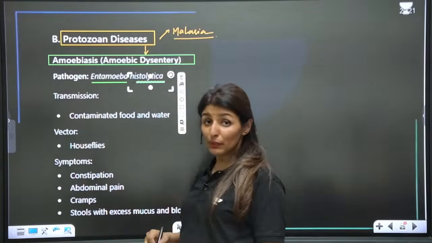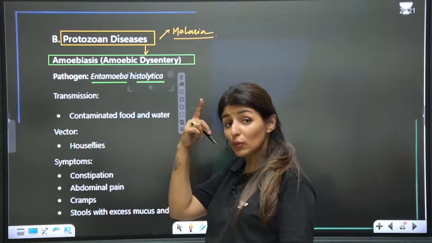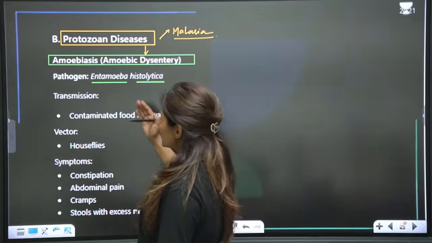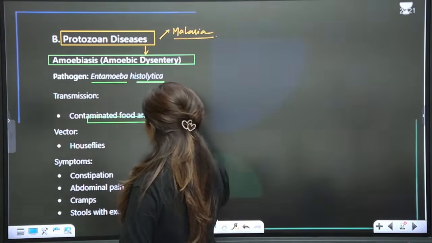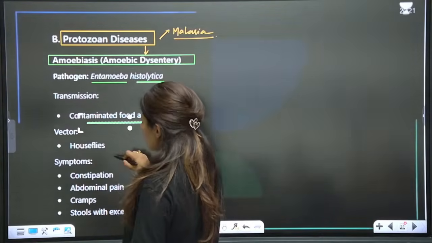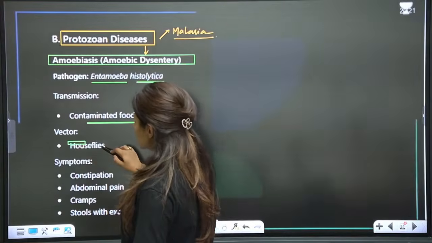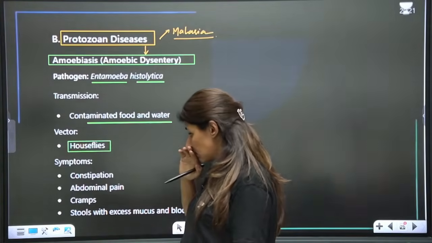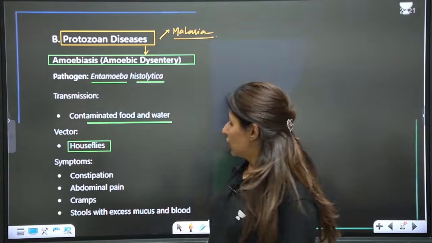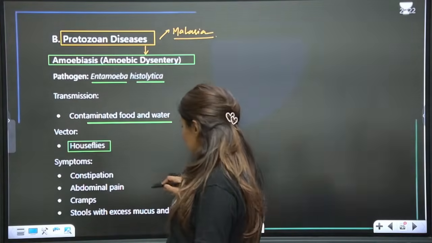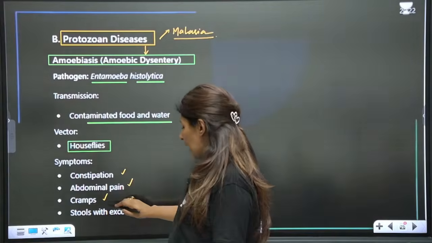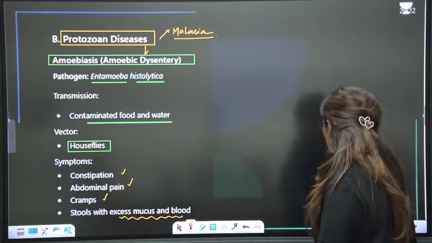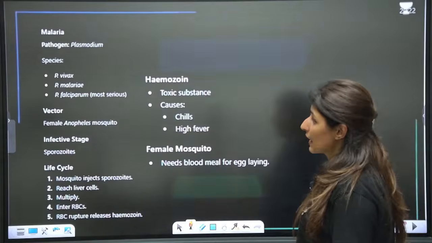And we know it is a protozoan. And which type? Amoeboid protozoan, right? How does it enter our body? Through contaminated food and water. How? It is the housefly which brings it. So, it is also vector based. Now, symptoms are constipation, abdominal pain, cramps, stool with excess mucus and blood. Is that clear? So this is what happens in amoebic dysentery.